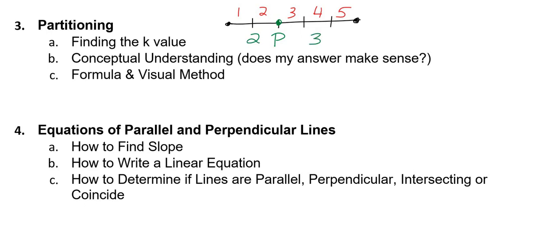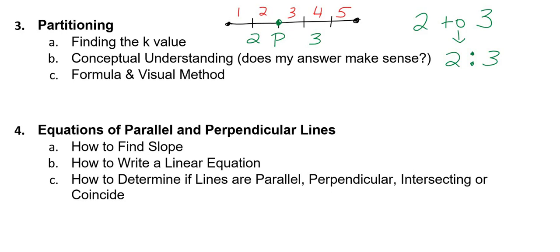So what I've done is I've divided my line segment, I've partitioned it in a ratio of 2 to 3. 2 on the left, 3 on the right. The word to in math is also written with a colon. So you'll see that your ratios are sometimes given to you as 2 to 3 with a colon, just like that.